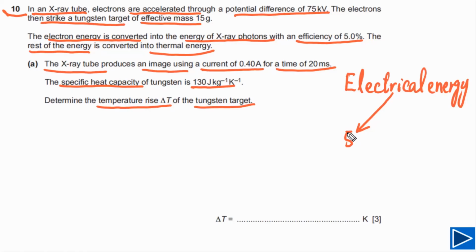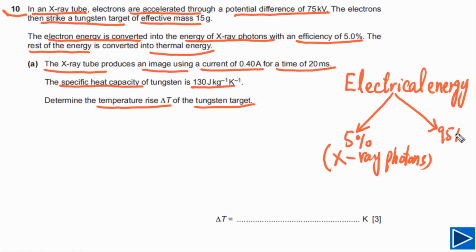So it means 5% of electrical energy is used to produce X-ray photons. So simply we can say X-ray photons. And 95% of electrical energy is used to produce thermal energy, meaning it's converted into thermal energy. So simply we can write here thermal energy, 95%.